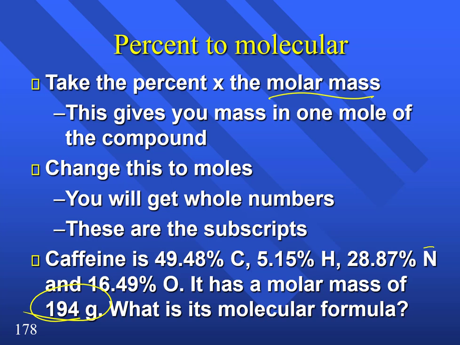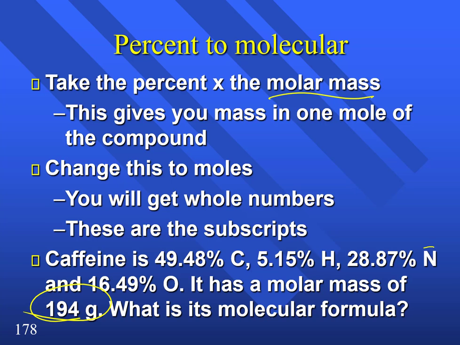Then I take the 194 grams times 0.0515. Are we okay with why I put that 0 in? You got to move the decimal twice.